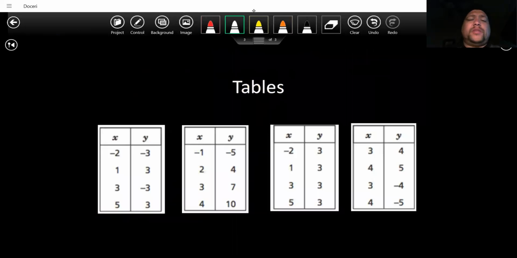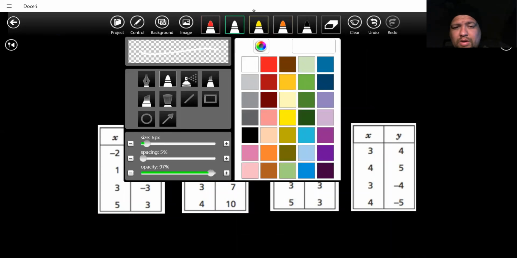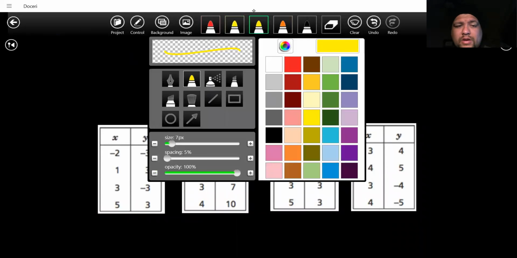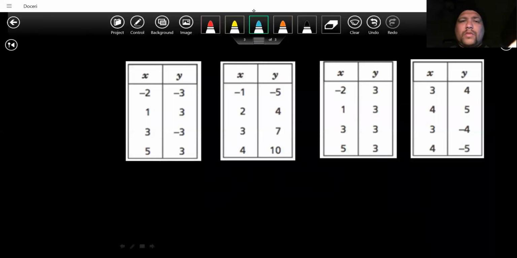The first types of problems that we're going to see here are tables. I'm going to drop these down. We'll do yellow in one of them, and let's do baby blue. Our domain values for our first table are represented by my x values.